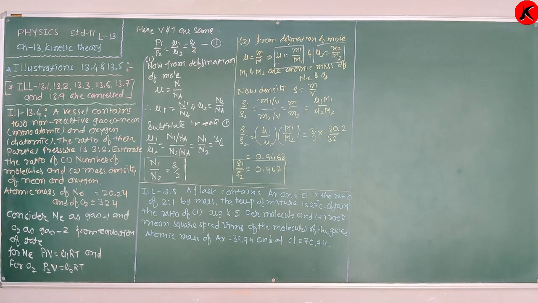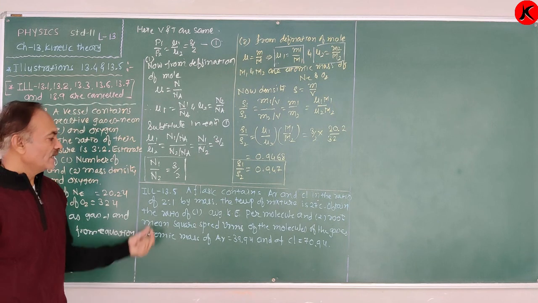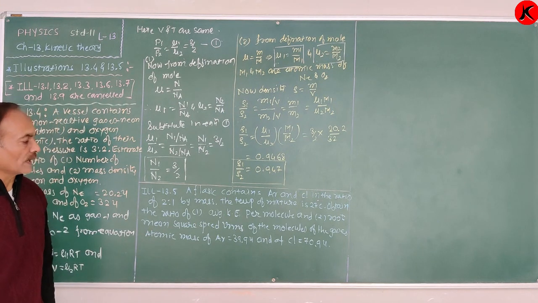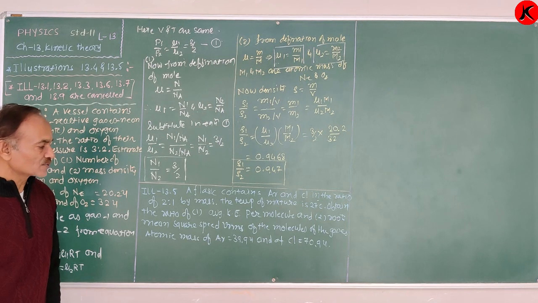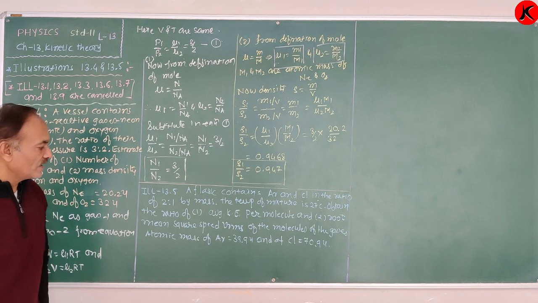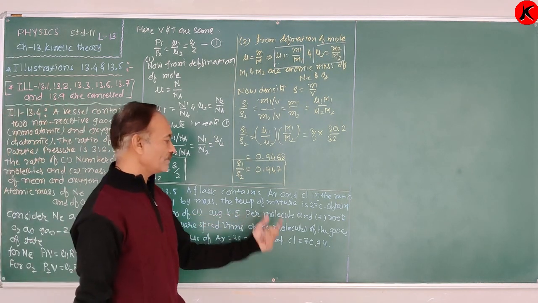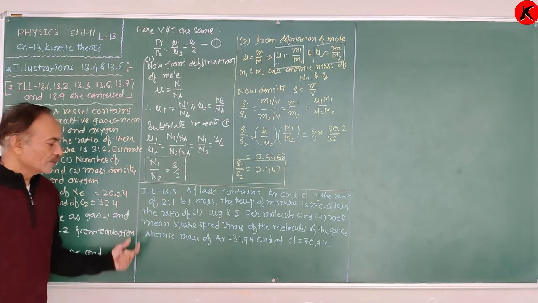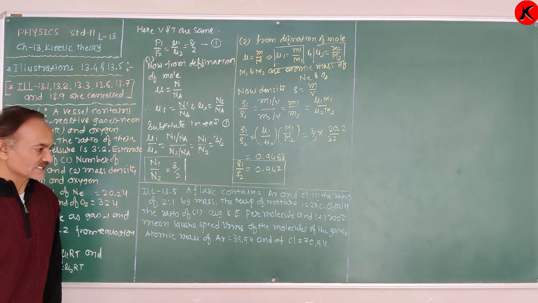After that, the next numerical. A flask contains argon and chlorine in the ratio of 2:1 by mass. The ratio of their masses is given as 2:1. The temperature of the mixture is 27 degrees centigrade. Obtain the ratio of first, the average kinetic energy per molecule, and second, the root mean square speed v_rms of the molecules of the gases.